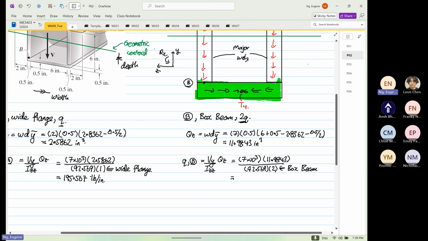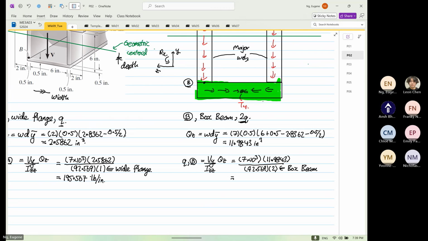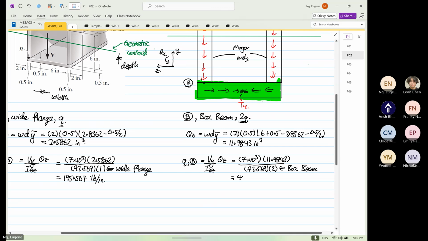So this will be equal to 7 power 3 times... So I get 453.235 pounds per inch. Okay.